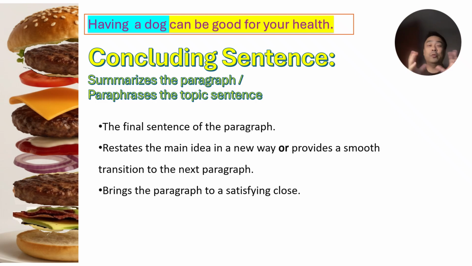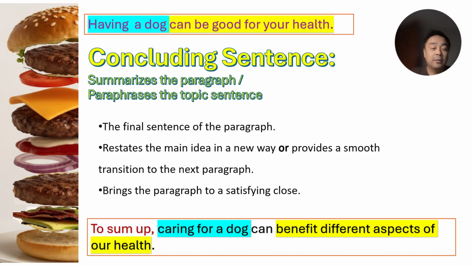Now, it also wraps up that paragraph in a nice and satisfying way. So what can a topic sentence like this have for a conclusion? To sum up, caring for a dog can benefit different aspects of our health. Wow, that's a good summary.